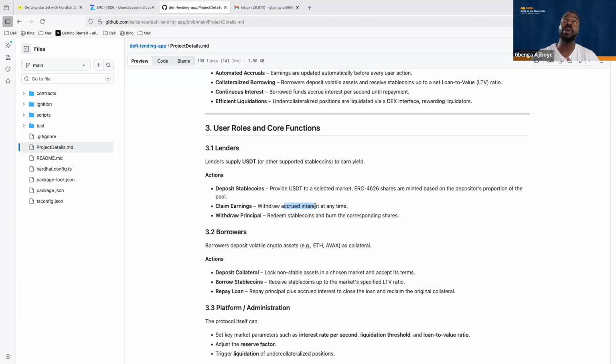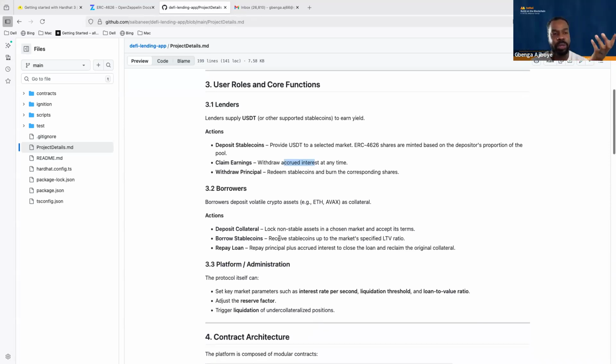It's a pattern in programming called lazy updates. You're going to see it live and direct. It's not as interesting as I make it sound. But the reason why we do it is because we don't want a case where whenever the accrued interest for the market changes, we are then looping through all the users to try and update their accounts. No, we're not going to do that because that does not scale.